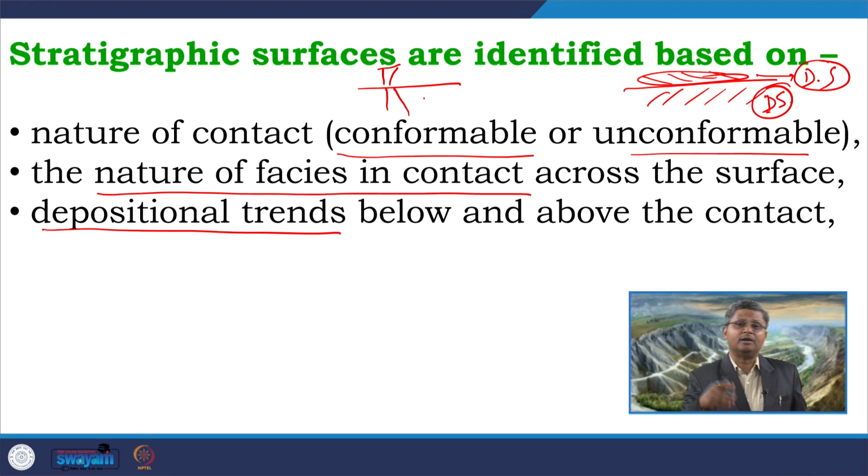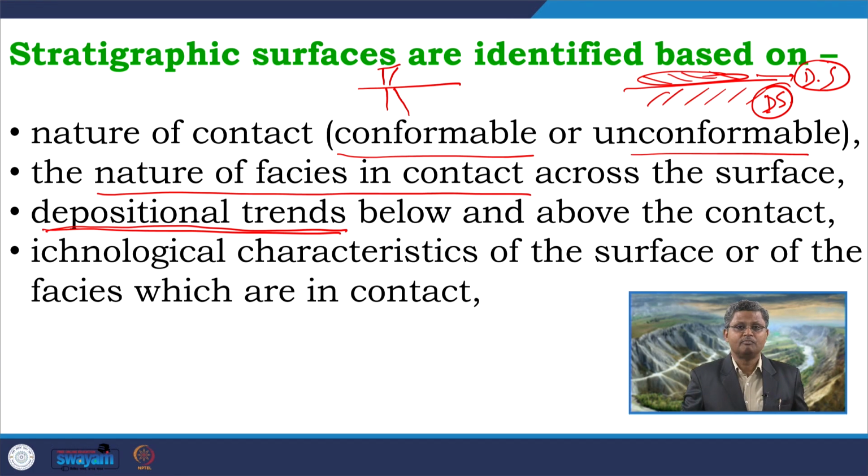So, we can get a progradational pattern, an aggradational pattern, or a retrogradational pattern. What kind of depositional trend are we getting? We can get aggradational associated with progradational. So, across one contact, one surface, what is the nature of the depositional trend? That is a very crucial criterion to identify a sequence stratigraphic surface.